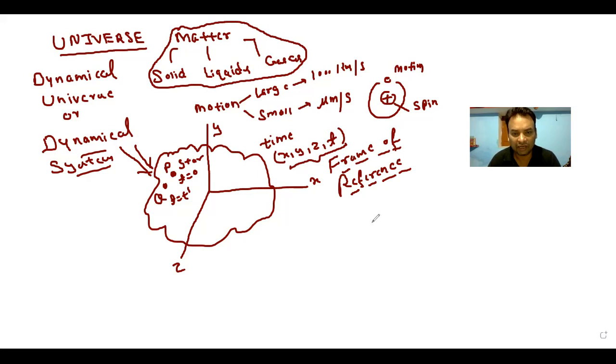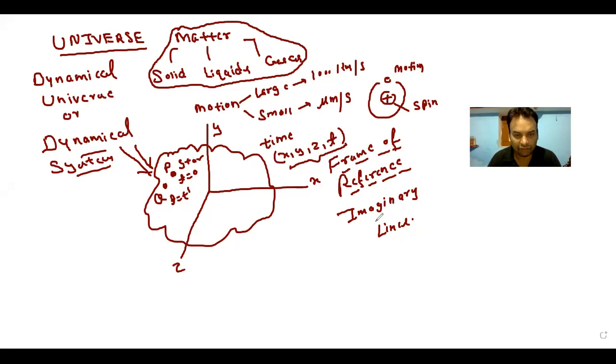These are imaginary lines. So with the help of these imaginary lines, we can locate, we can fix any object in the universe. So that is called the frame of reference.